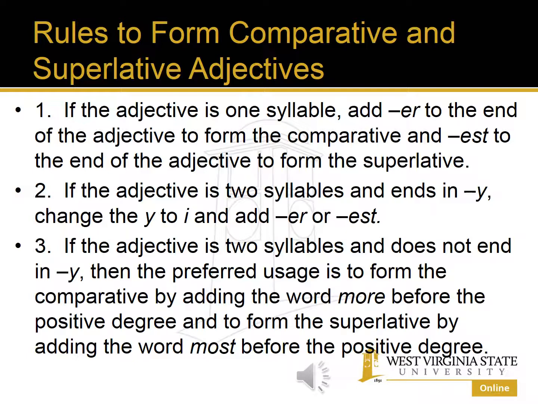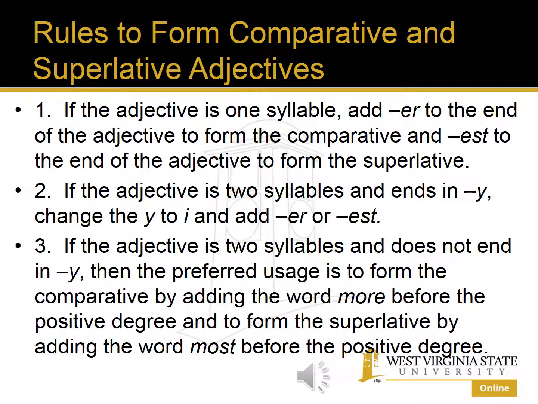If the adjective is one syllable, we form the comparative by adding er to the end of the adjective, or est at the end of the adjective to form the superlative. If the adjective is two syllables and ends in y, then we change the y to i and add either er for the comparative or est for the superlative.